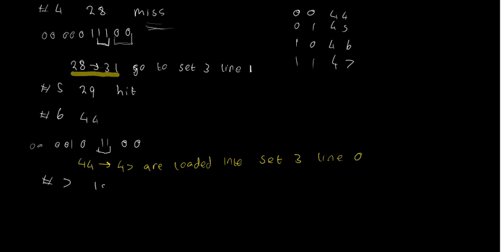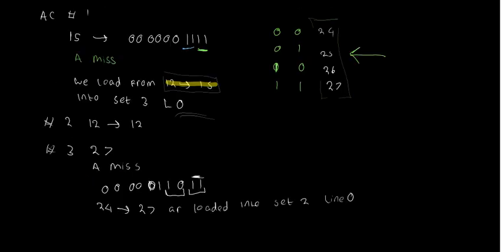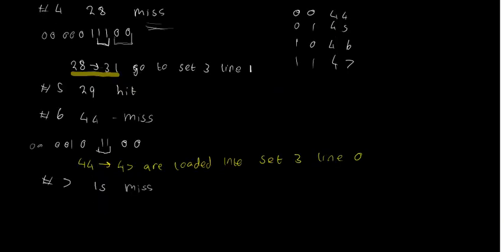This one is also going to be a miss. Why? Remember, we just replaced the contents of set 3 line 0, which were 12 to 15, with the block of 44 to 47. So this is going to be a miss. So we then load back that block of 12 to 15.